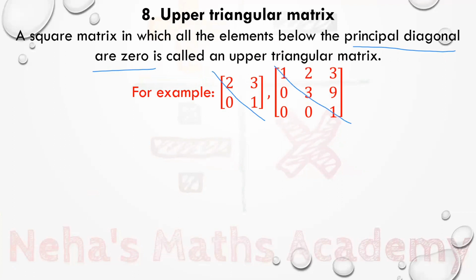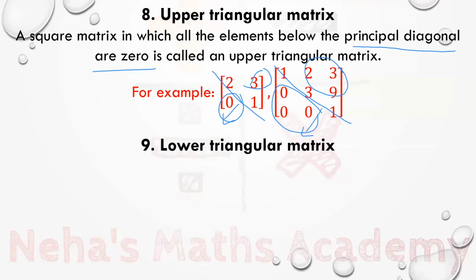So all the elements below the principal diagonal are 0. And the elements above the principal diagonal can be anything. It can be 0 or non-zero. It doesn't matter. But all the elements below the principal diagonal should be 0. Then it is called an upper triangular matrix.